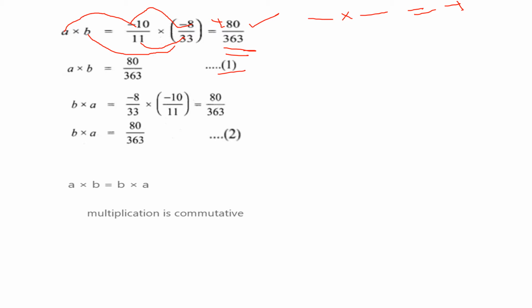And B into A, substitute the B value and A value. Here also minus 8 into minus 10 means minus into minus is plus, 8 into 10 is 80, 33 into 11 is 363. So this is the second equation, therefore 1 equals 2. Same answer we get. So A into B equal to B into A here. So multiplication is commutative.